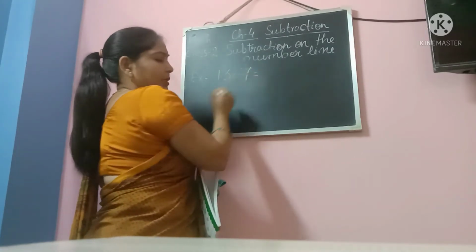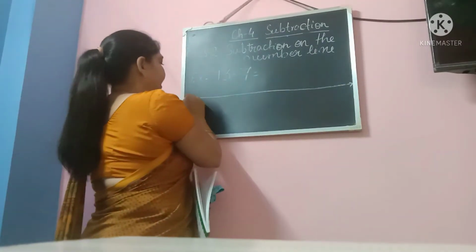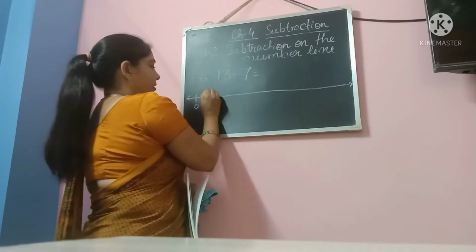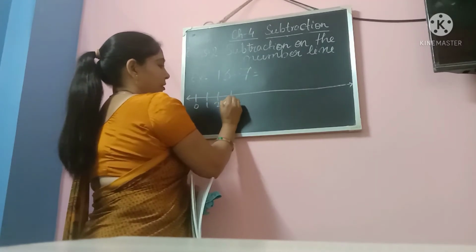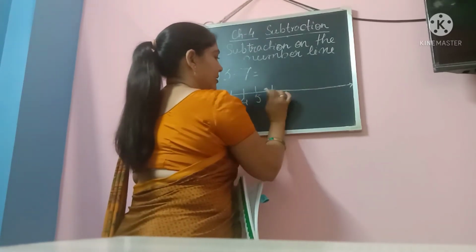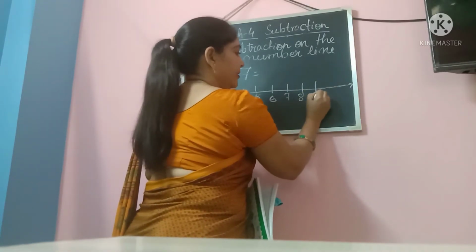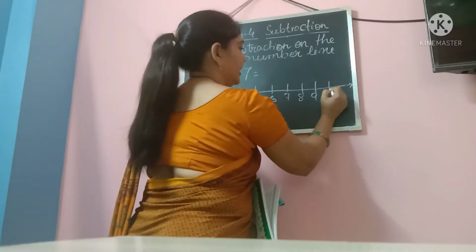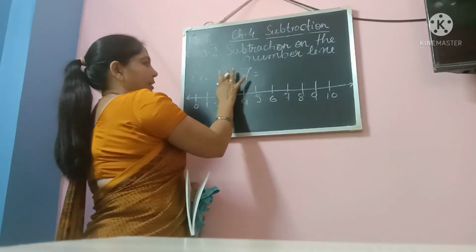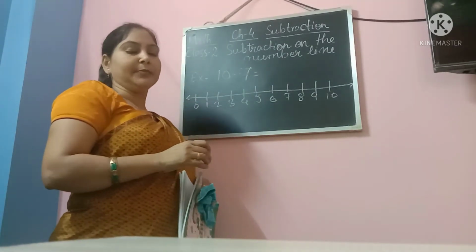Again you will draw one line, with markings starting from 0, 1, 2, 3, 4, 5, 6, 7, 8, 9, 10. Oh, it is becoming long. So let me do it like this. Make it 10 minus 7. So I am subtracting 7 from 10.